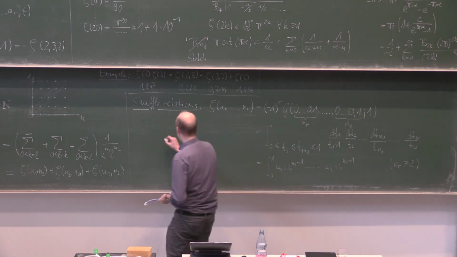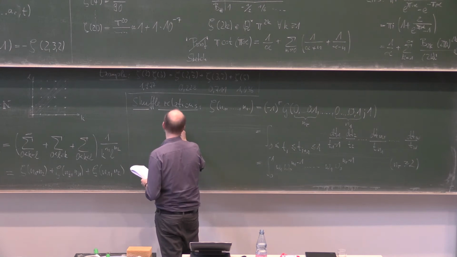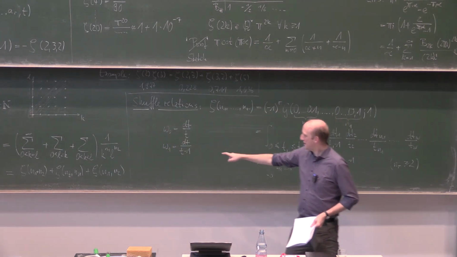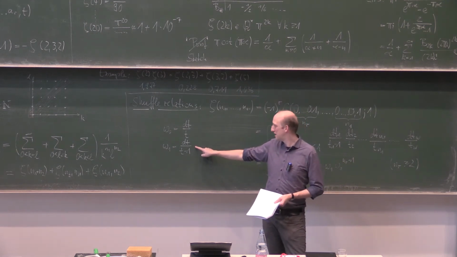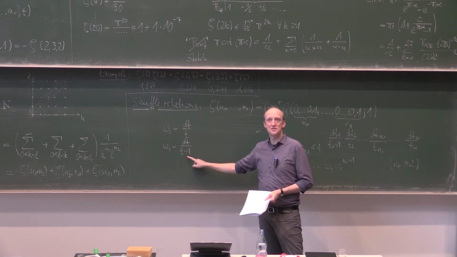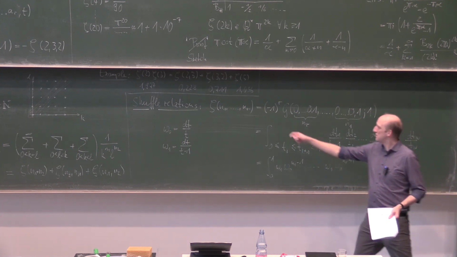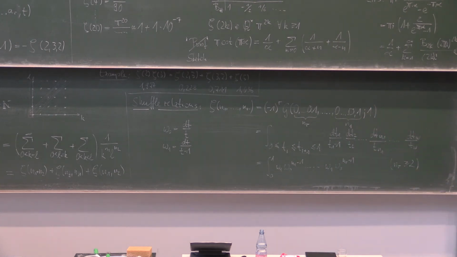And here I've defined two differential forms. Omega 0 is just dt over t, and omega 1 is dt over t minus 1. Again, here, a word of caution is necessary. Many people define omega 1 as 1 minus t. Others keep it t minus 1. And that is the source of many of these terms minus 1 to the r. So when you're missing minus 1 to the r, check the definition of your omegas.